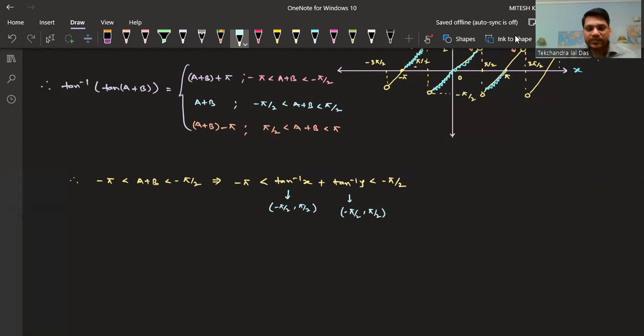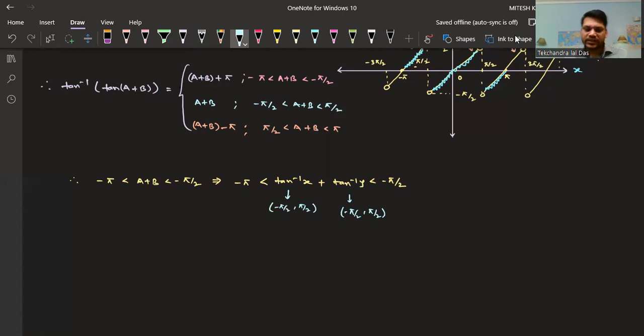If the sum is greater than minus pi, then definitely both should be negative. How can we say? Because if you add these two inequalities, the range of these tan inverse functions, the sum is between minus pi to pi. So for the lowest range, minus pi, both should be negative.